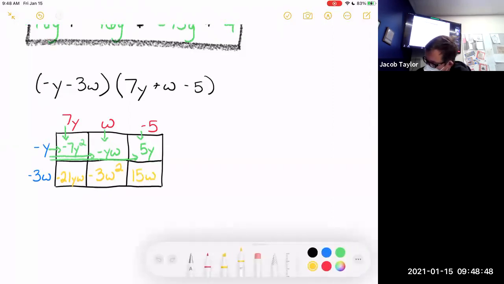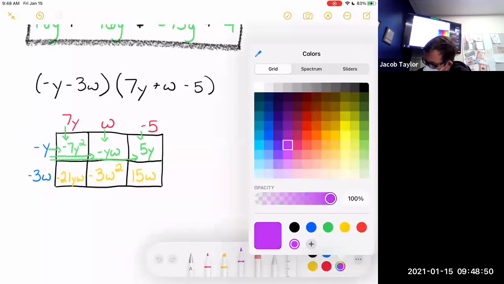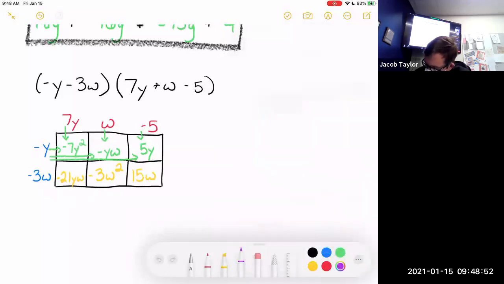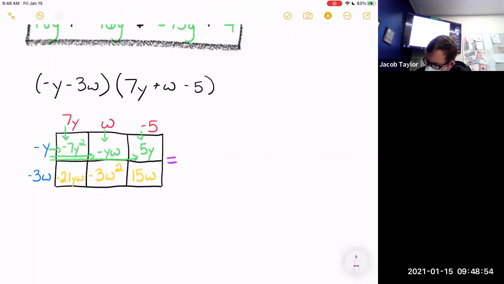And so now that I have this done, I'm going to just take what was in the squares here, and I'm just going to write them out. So negative 7y² minus yw plus 5y minus 21yw minus 3w² plus 15w.